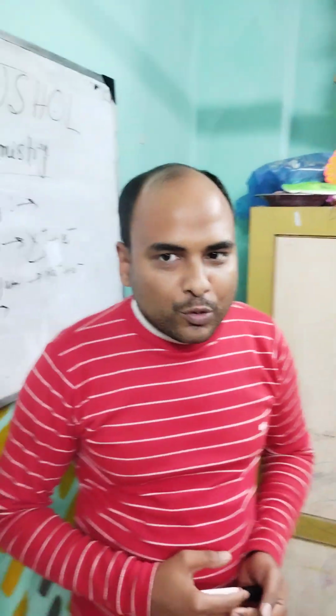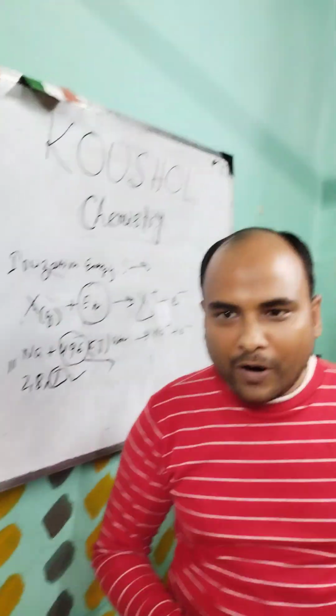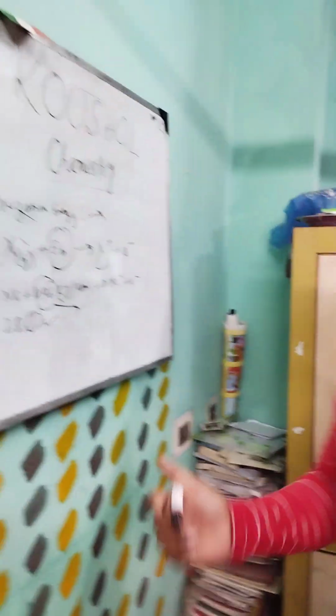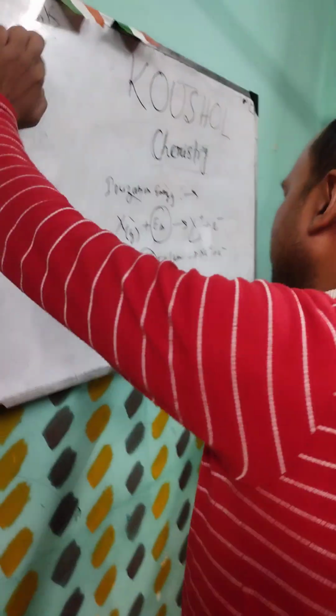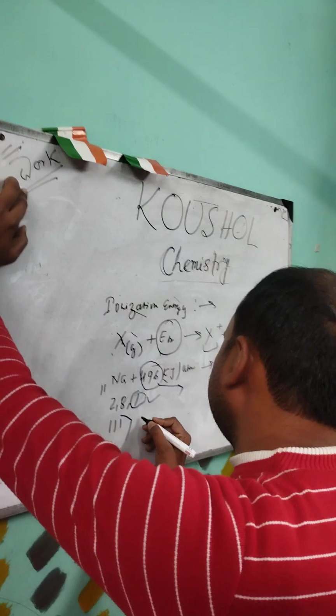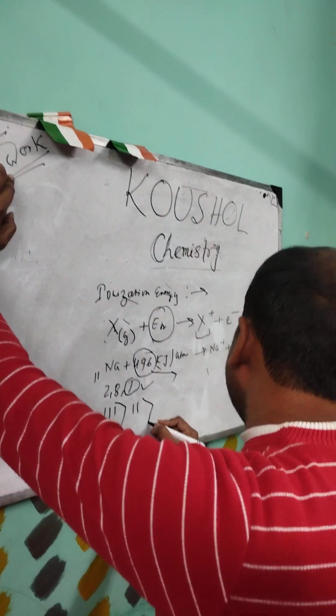If one electron is liberated, it is called first ionization energy. If two electrons are liberated, it is called second ionization energy, and the third electron is called third ionization energy. Ionization energy increases: the third ionization energy is greater than the second, which is greater than the first.